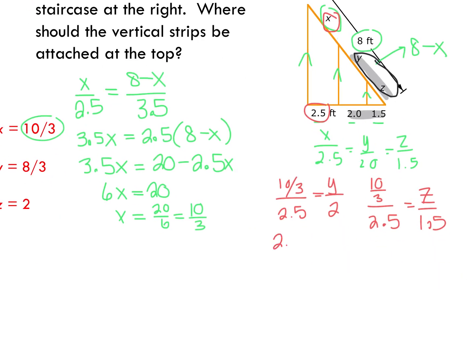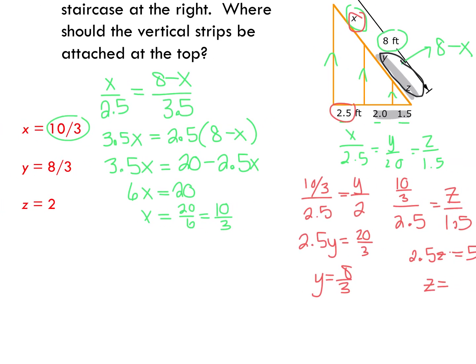So here you get 2.5y equals 20 over 3. Here you're going to get 2.5z equals 10/3 times 1.5. Let me just figure out what that is. That is equal to 5. Using my calculator here, when I divided by 2.5, I got 8/3. I got 2.66666, so I math fracted it. Here, dividing by 2.5, you get z is equal to 2.